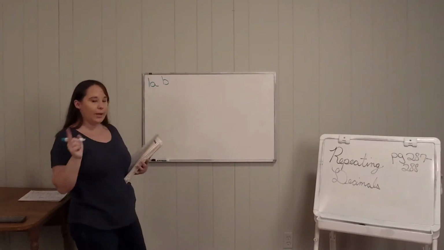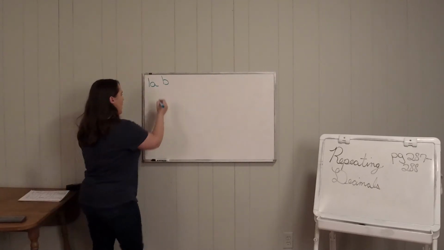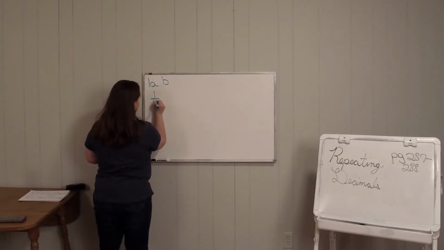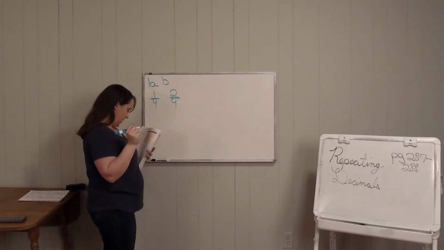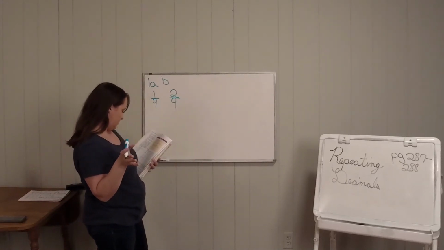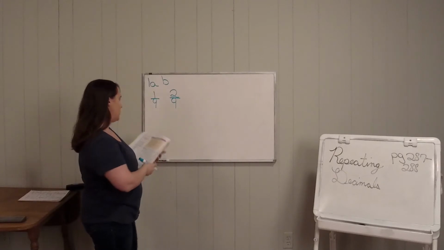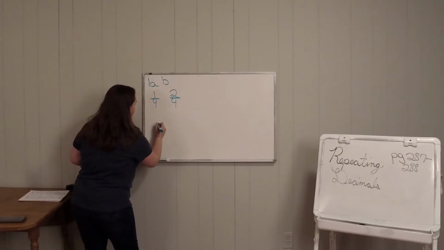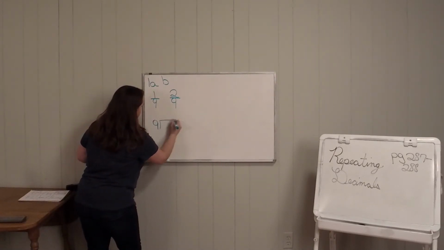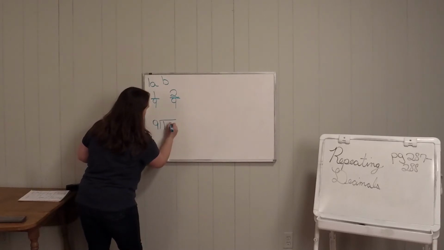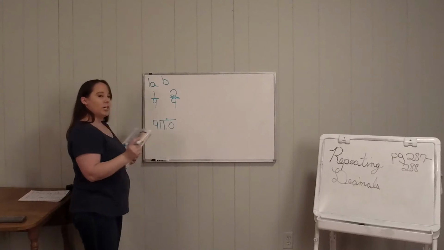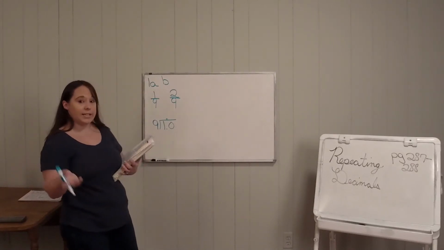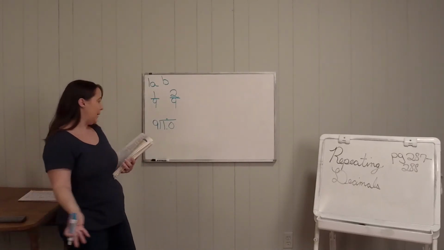So we're just going to do 1A and 1B, and it's 1 ninth and 2 ninths. And I think it ends with 8 ninths. So when you divide, I'm going to annex my zeros and add my decimal, because I've got to change that fraction to a decimal to know what it's going to be.